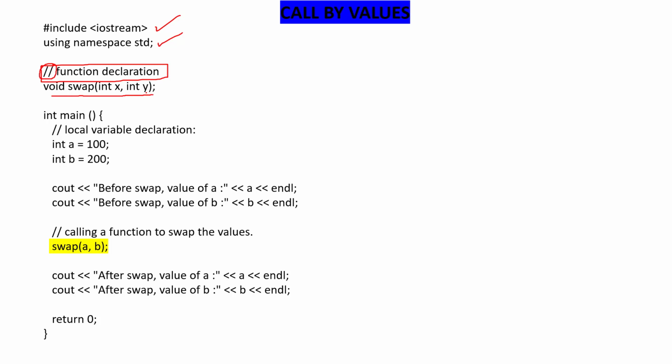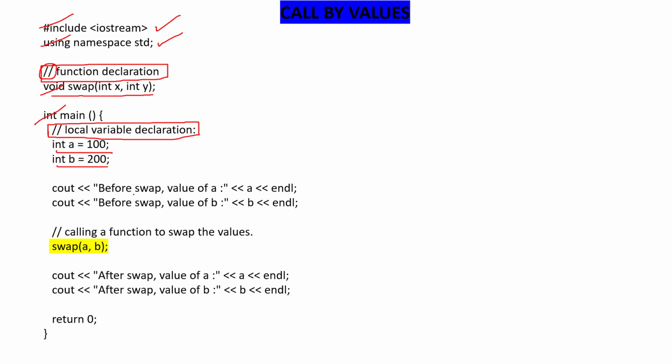This is the function declaration. So this will be executed first, after this, running statements 1, 2, 3. The fourth, control will be on int main, curly bracket, local variable declaration. This won't be read by the compiler as it is with the forward slash. Define int a = 100, int b = 200, read by the compiler.